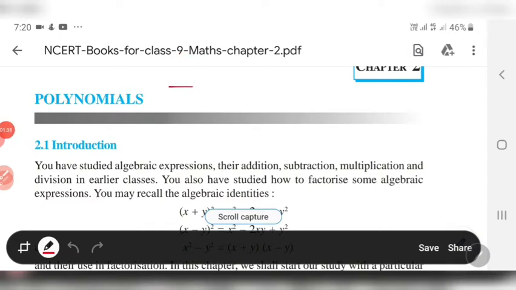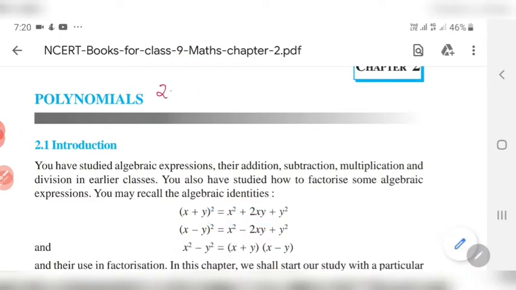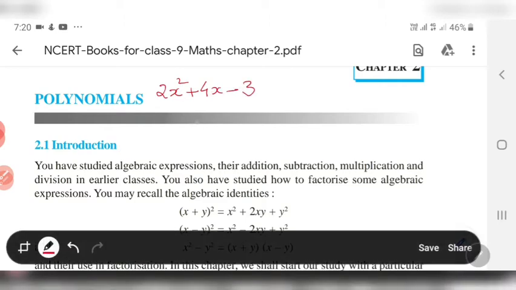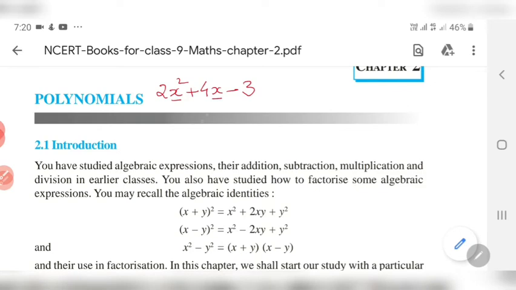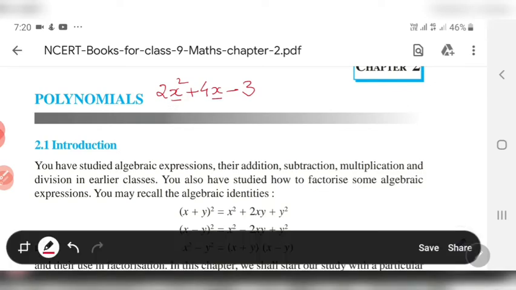So once again you see, 2x square plus 4x minus 3. Is it a polynomial? Yes, it is a polynomial. Why? Always you check the variables. Both are having x, that variable you see. And the exponent of the variable should be a whole number.